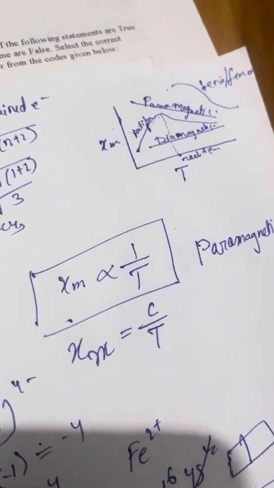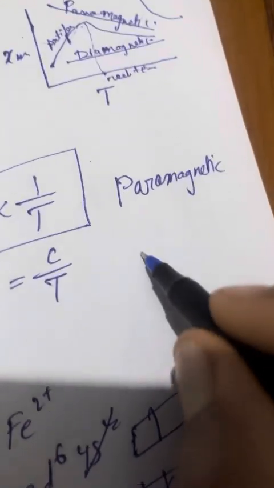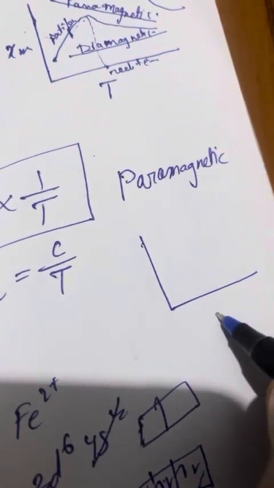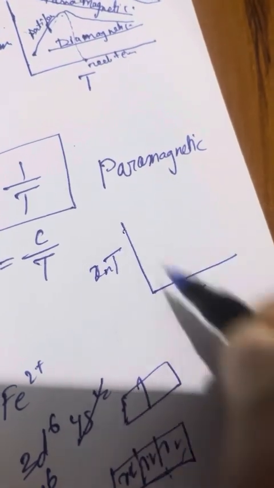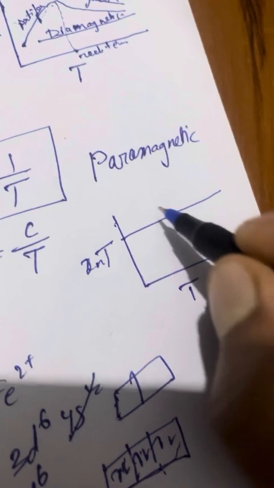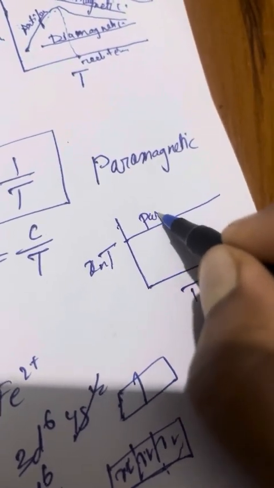Now you see another example, another diagram. You have to remember xm T versus T. This will be paramagnetic.